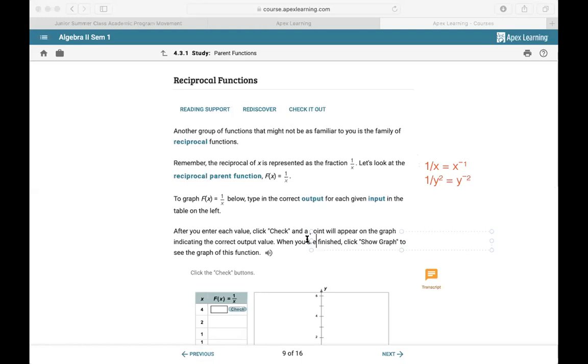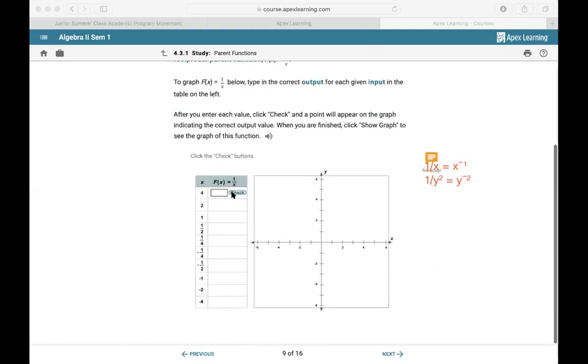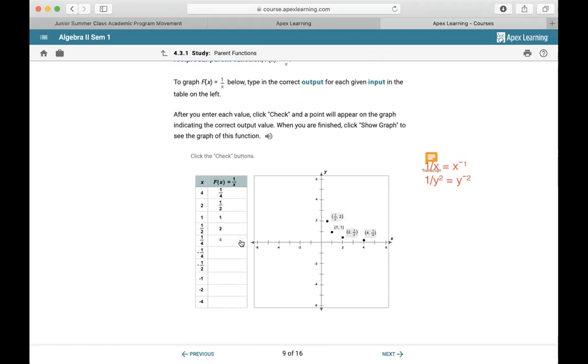Okay, and so what that's going to look like graphically is my x value, if it's 4, it's 1 over 4, 1 over 2, 1 over 1, 1 over a half. We start to have this kind of sloping shape here.